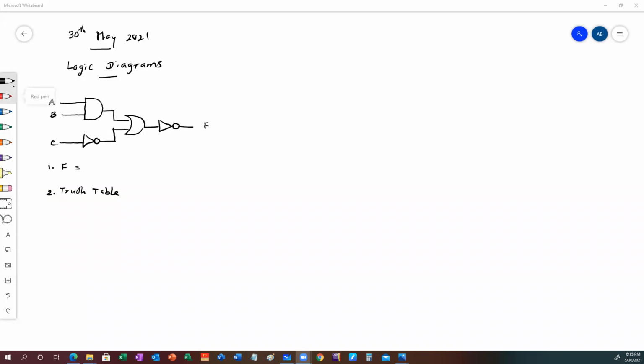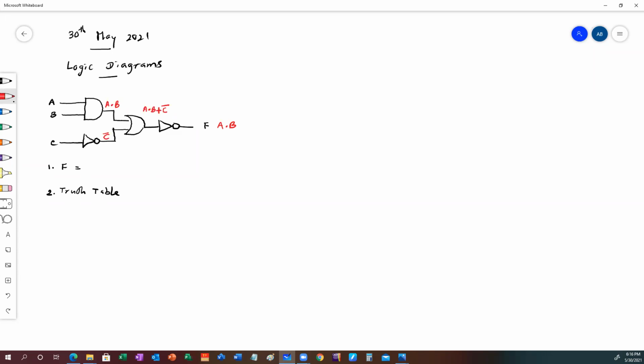Okay. Right. Now here you get intermediate values, A and B. Don't say dot A and B. Here you get C bar. Up here you get A and B and C bar. Up here you get the last one, A and B. So this one is OR, right?